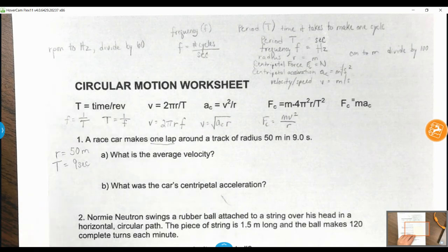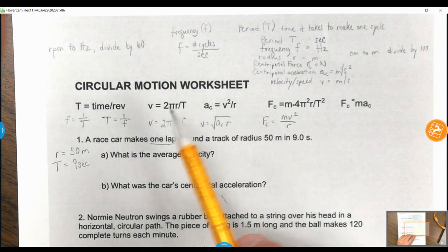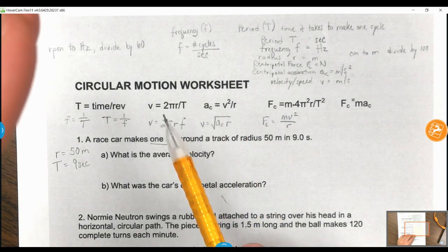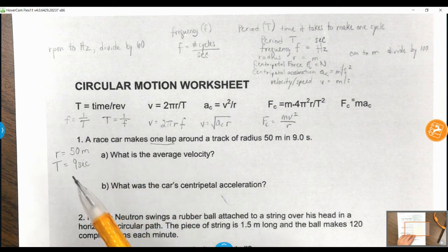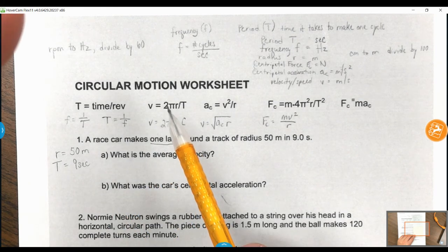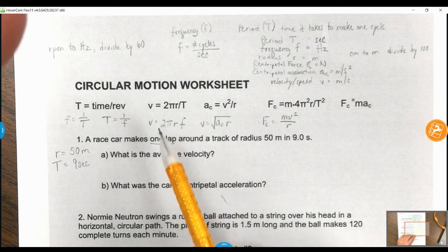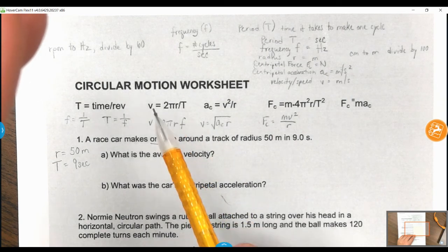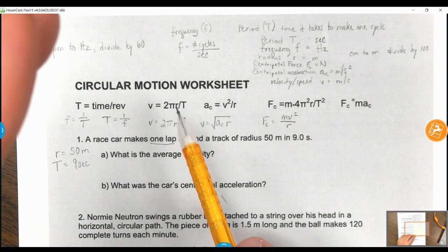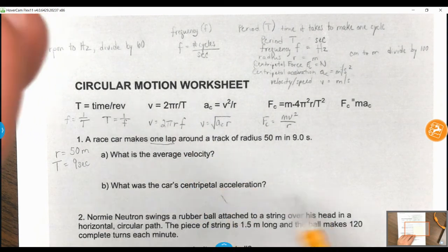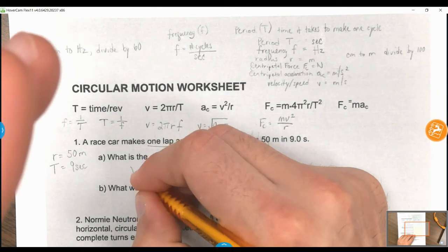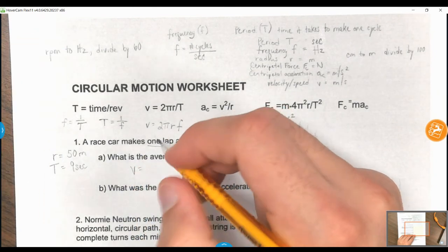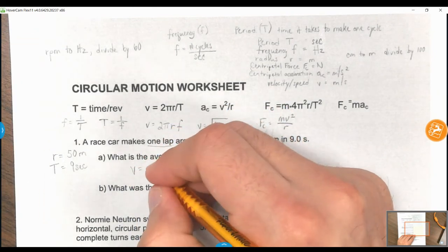Okay, so now we look at the velocity equations here. Which one has R and T in it? We have pretty much three, actually. This guy has the R and T. This 2 is just in the equation itself, and pi is just pi.